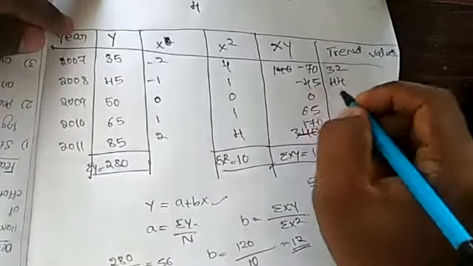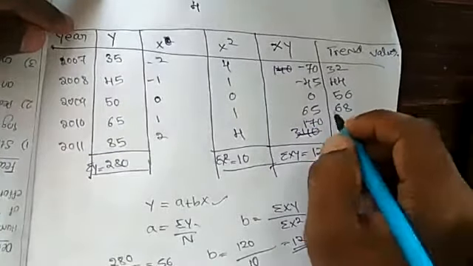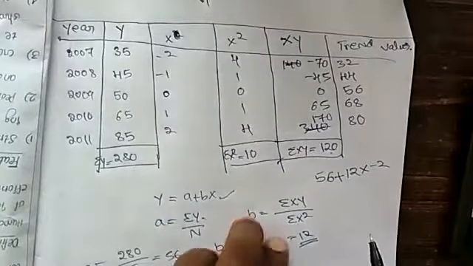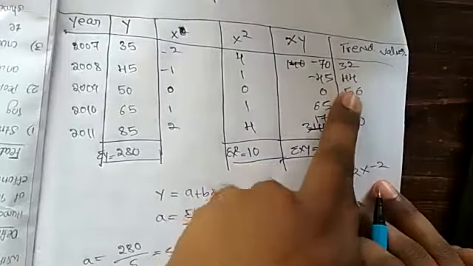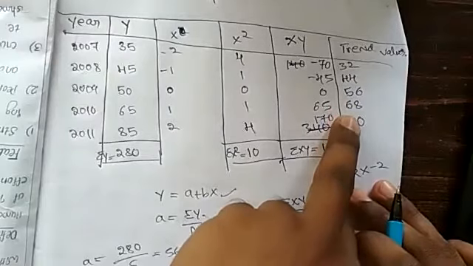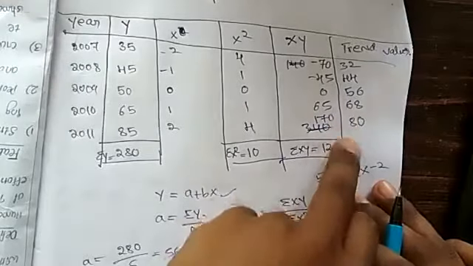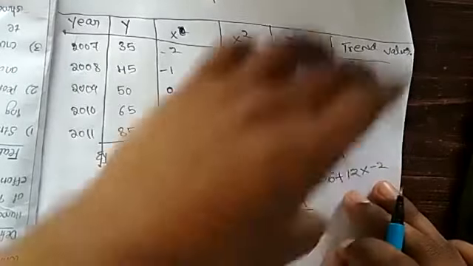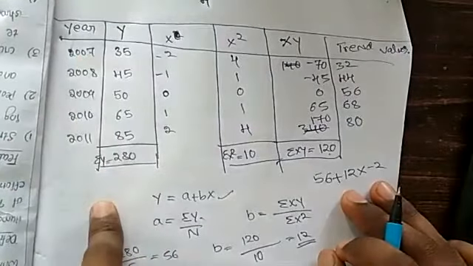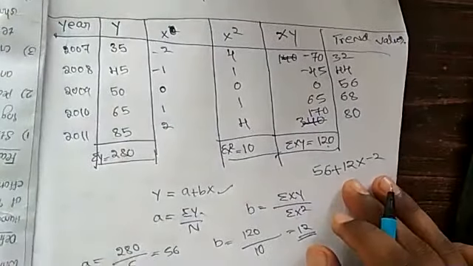And likewise find out trend values for all years. See the trend values for 2007, 32, for 2008, 44, and for 2009, 56, for 2010, 68, 2011, 80. So we calculated annual trend values for 2007, 8, 9, 10. So that is the first step, calculate trend values for each year.